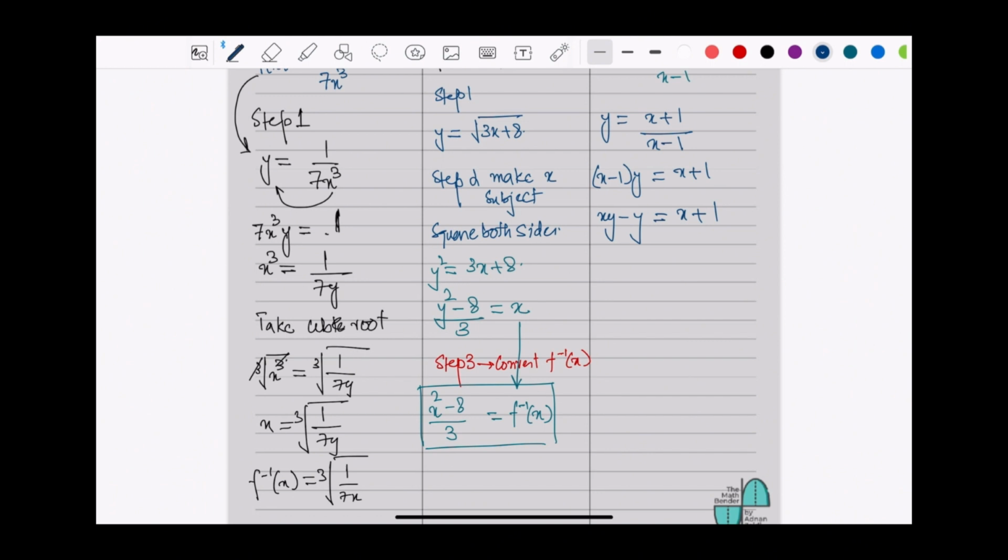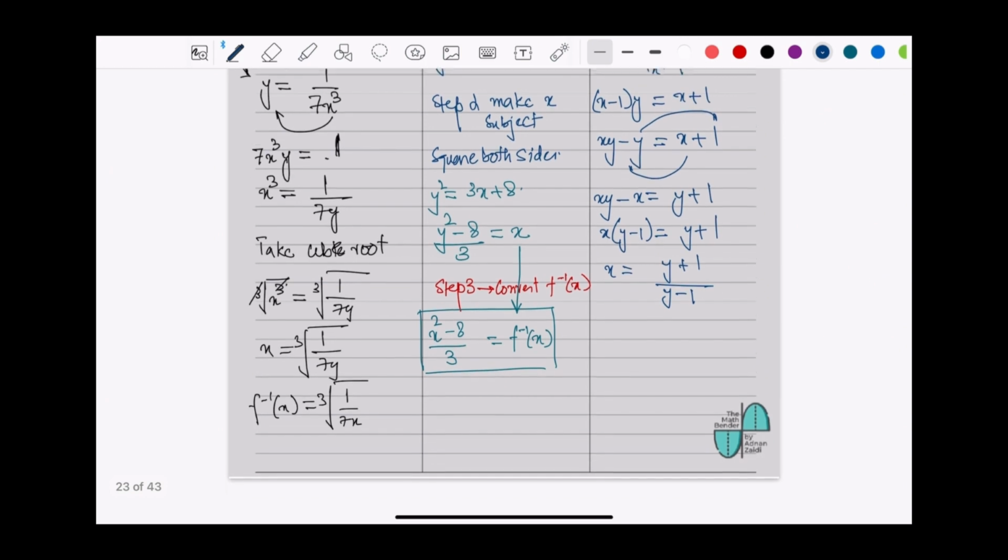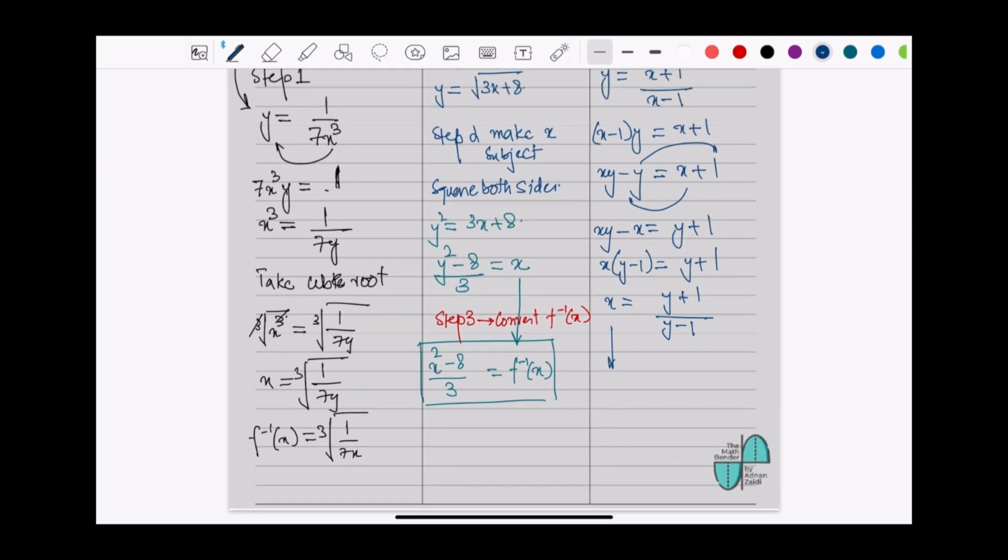So bringing this over there and this here, xy minus x is equal to y plus 1. Now making x common, x times y minus 1 is equal to y plus 1, and x is equal to y plus 1 over y minus 1. Now writing this as f inverse of x is equal to x plus 1 over x minus 1.